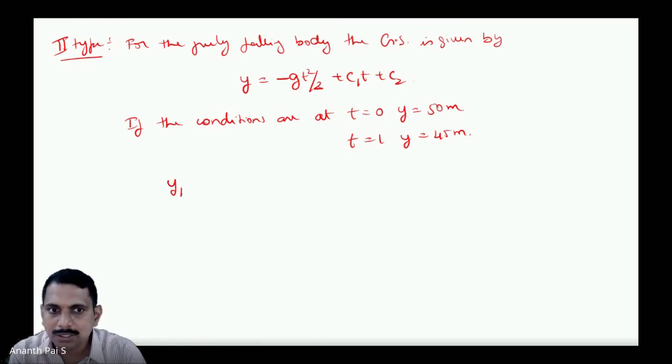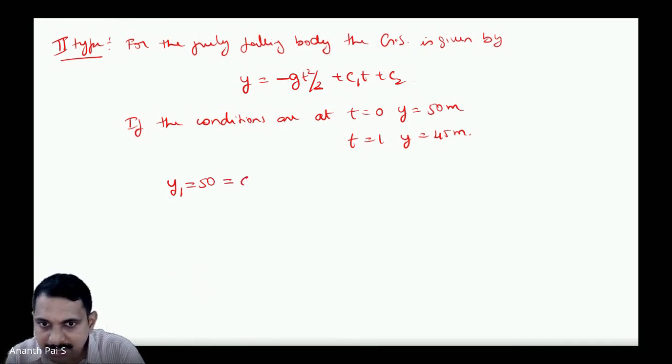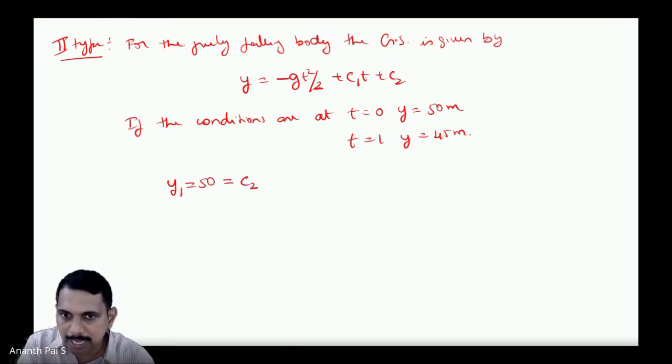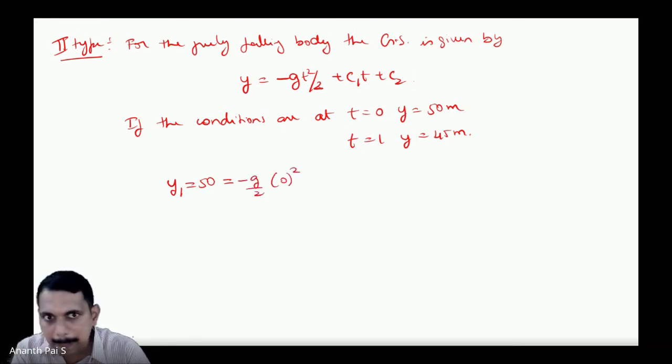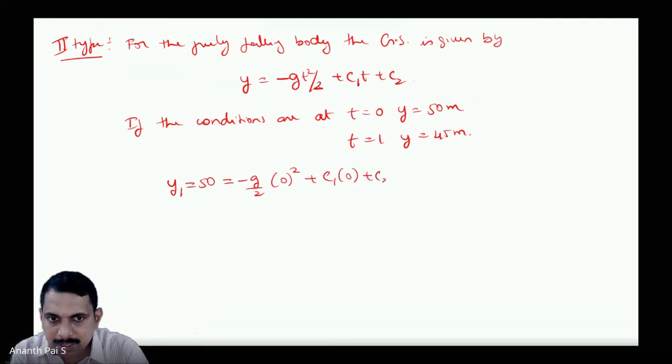Y1 is equal to 50 meters, at t is equal to 0, put that in. So you'll have minus g by 2 into 0 square plus c1 into 0 plus c2. This implies c2 is equal to 50.